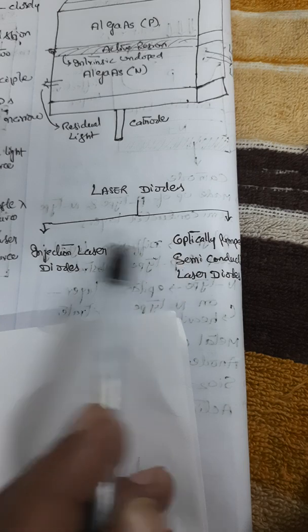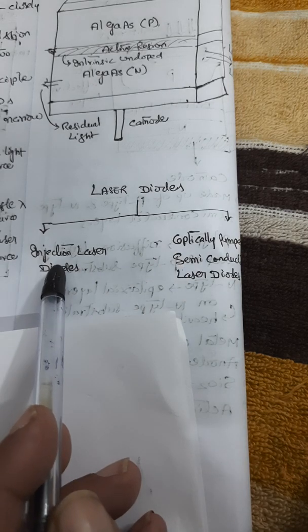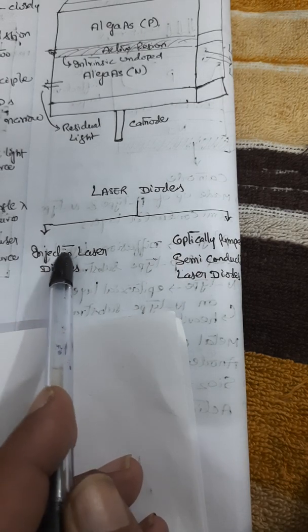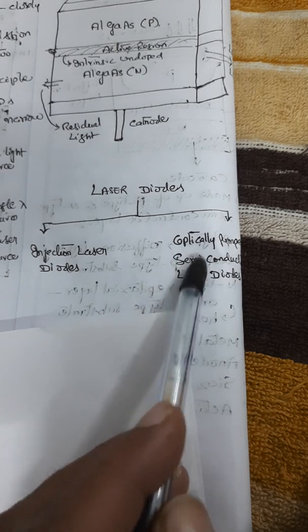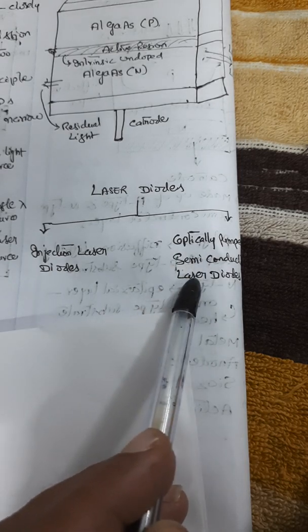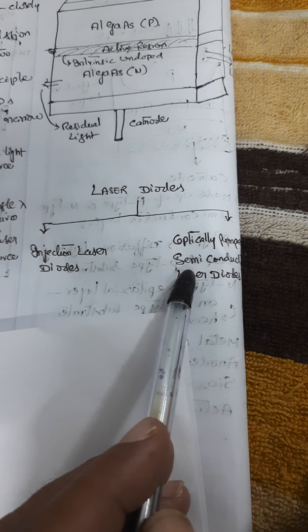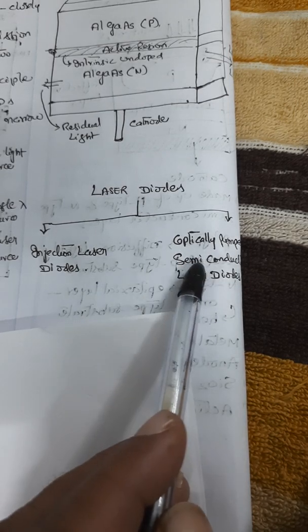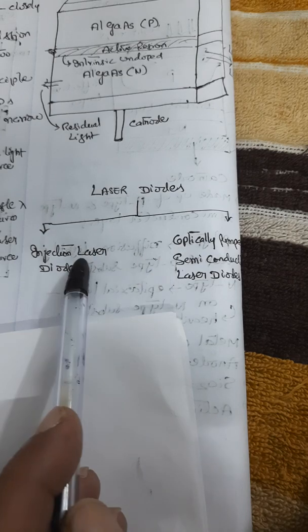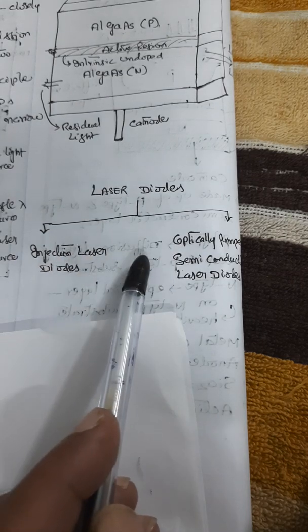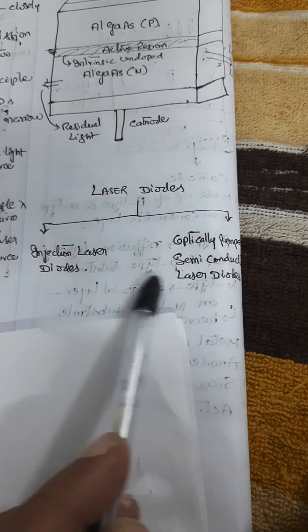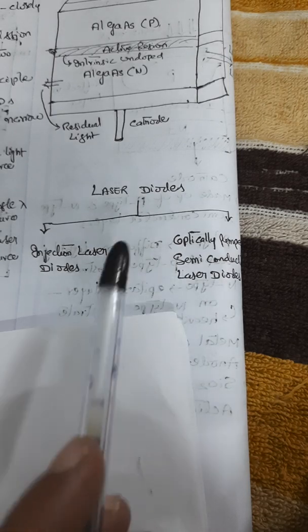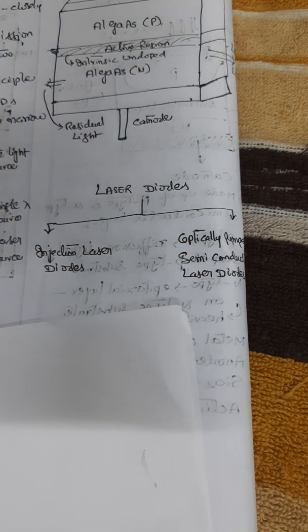Here, in the injection laser diode, amplification is by stimulated emission, and in optically pumped semiconductor laser diodes, amplification is achieved by stimulated emission also. So that is the broad functioning of the injection laser diode and the optically pumped semiconductor laser diode. So far we have seen the construction and working of the photodiode as well as the laser diode.